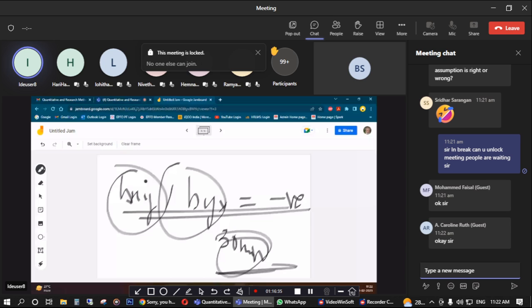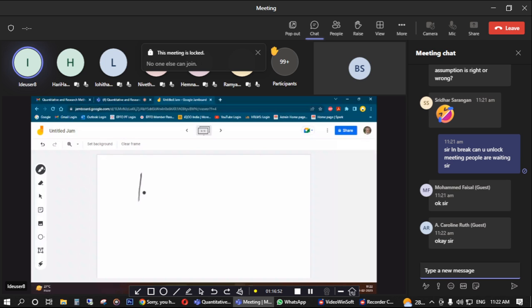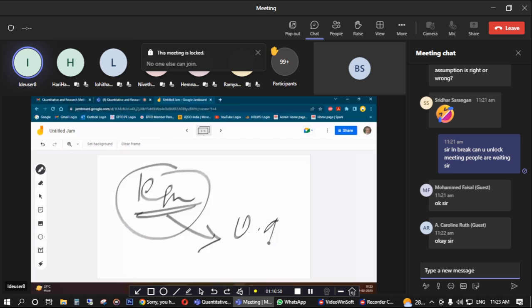When I did that value, I got a positive 0.9 something. Then it will not fit: bxy will come positive and byx will come negative. Then I will directly go and check my first equation, and I can come to know that it is not 0.90, it is minus 0.72. You can find that easily. These are all tricks.